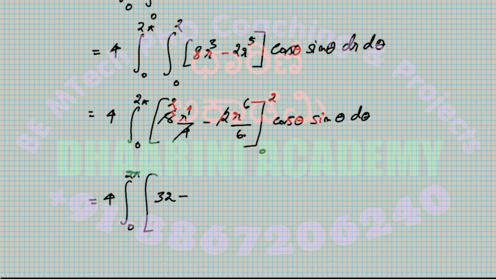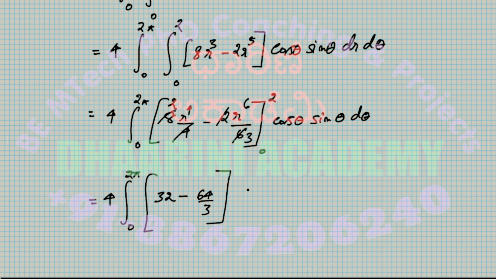Anyway, I'll cancel this as 3. So what happens to the 2 to the power 6? 2 into 2, so 4, 4, 4. 64, right? 64 by 3, I guess. When you put 0, it cancels out.